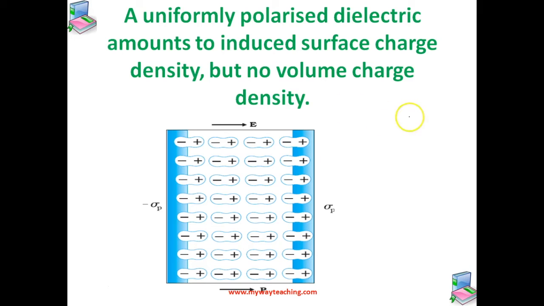It is denoted by P. For linear isotropic dielectrics, P is equal to χe times E. This χe is a constant of the dielectric, known as electric susceptibility, of the dielectric medium.